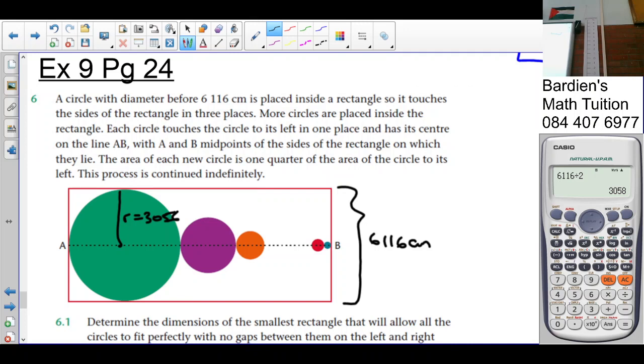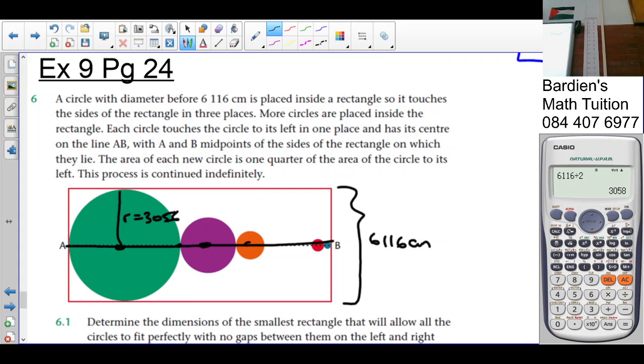Then we are told it touches the sides of the rectangle in 3 places. More circles are placed inside the rectangle. Each circle touches the circle to its left in 1 place, which means it's this point there, and has its center on the line AB, which means it's in line with the center.